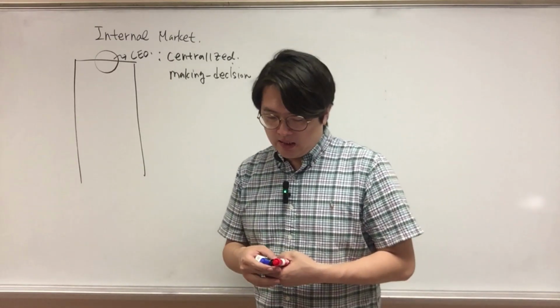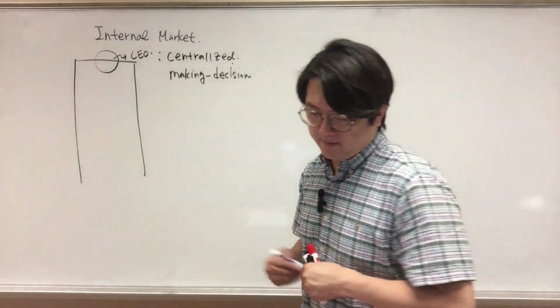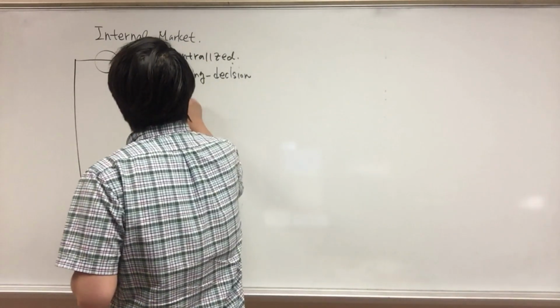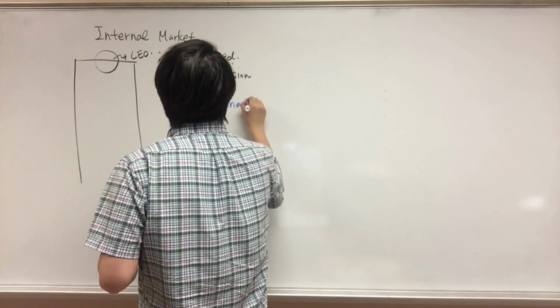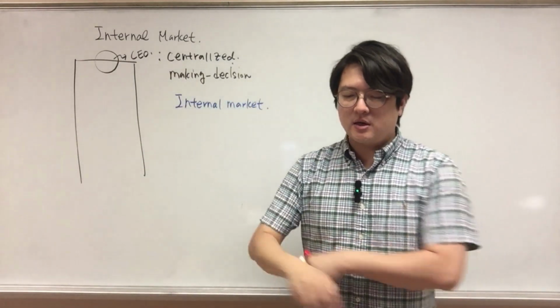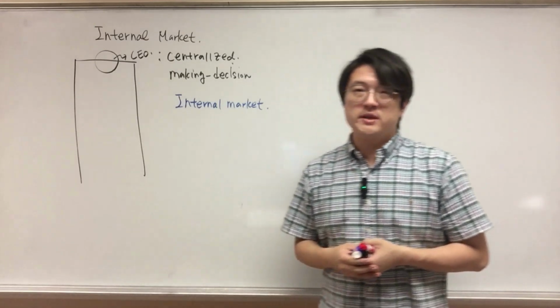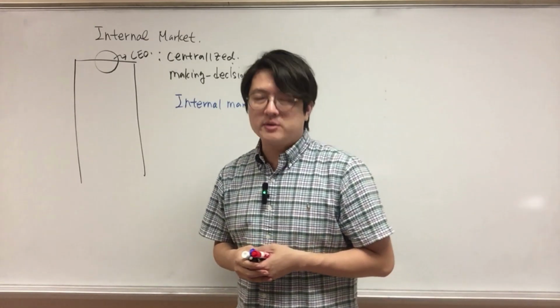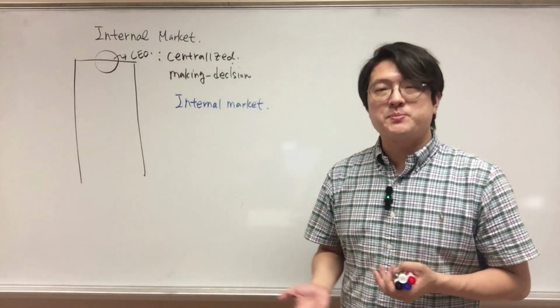This is because it's hard to figure out the demand for goods in the right place. So in the case of Google, they usually use an internal market. This is because they want to distribute computer resources. Computer resources are very scarce, right, such as disk space and memory.